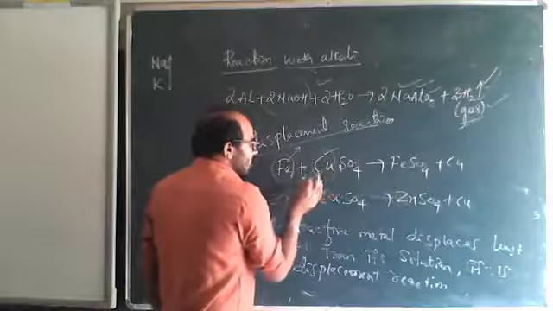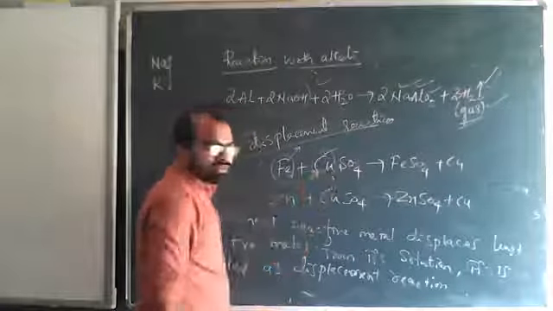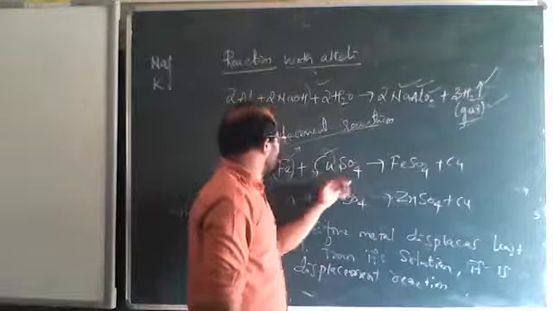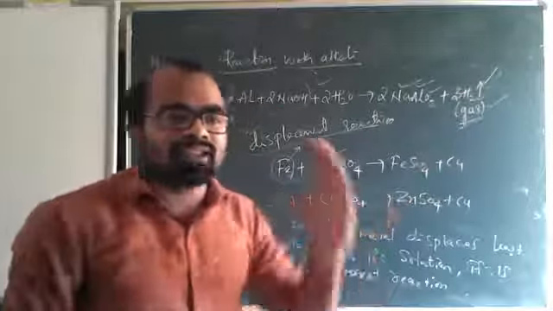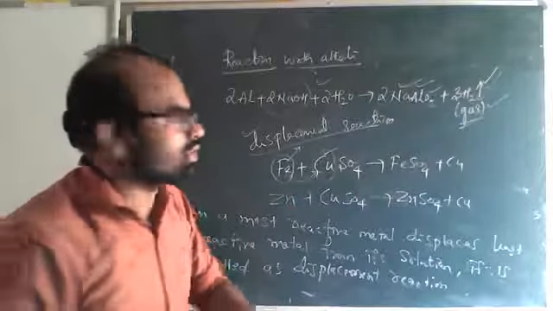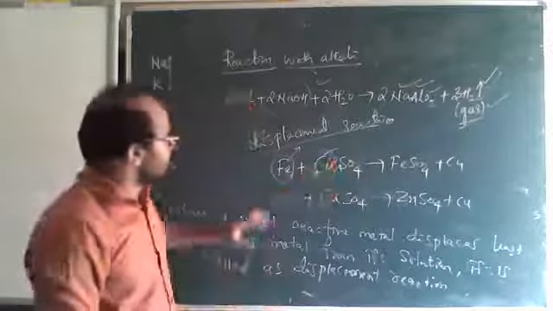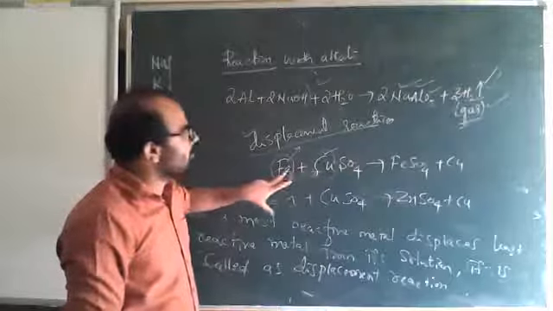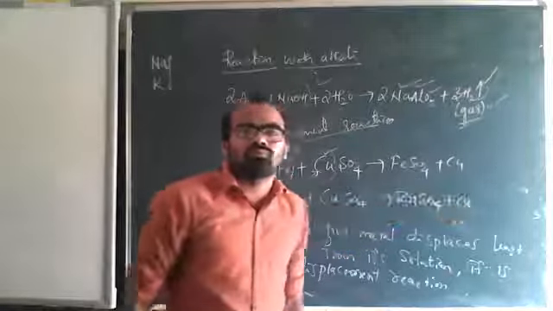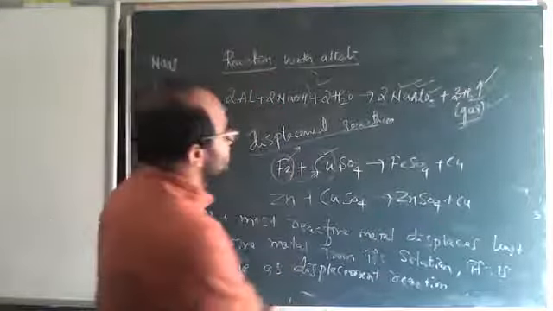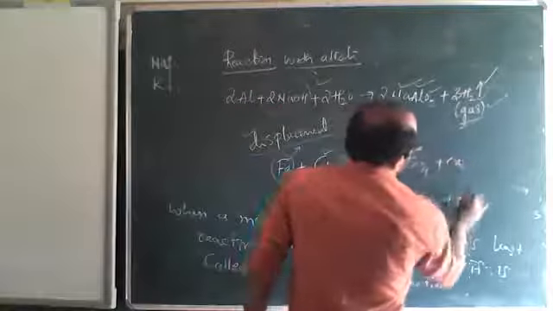It goes and displaces it and takes the SO4 and it becomes FeSO4. That means Fe displaces copper from its solution. CuSO4 is its solution. So iron is displacing the copper from its solution, so it becomes FeSO4 and Cu is produced there.